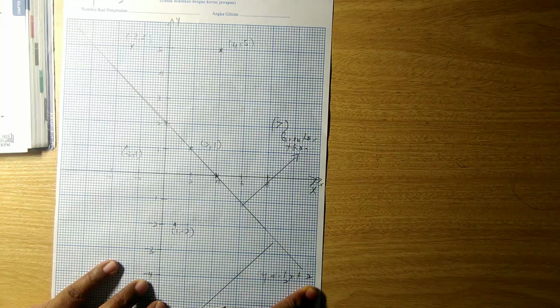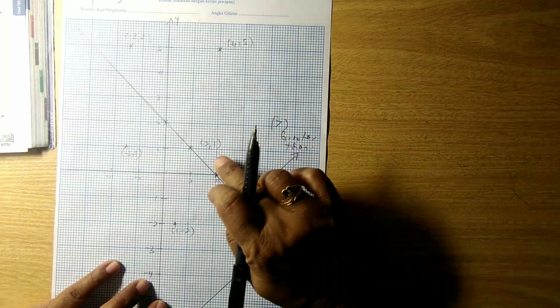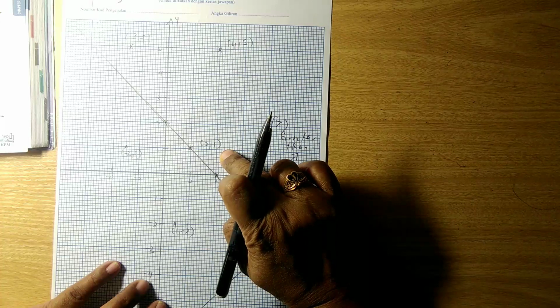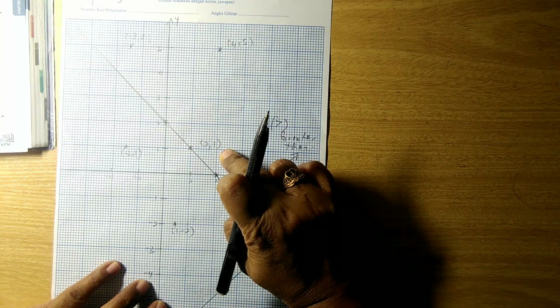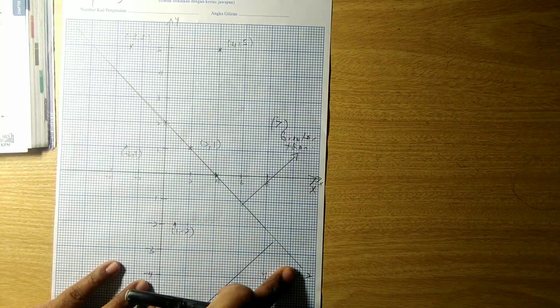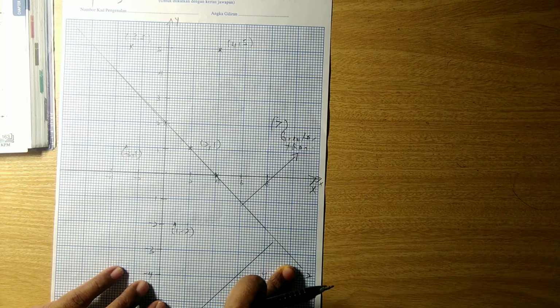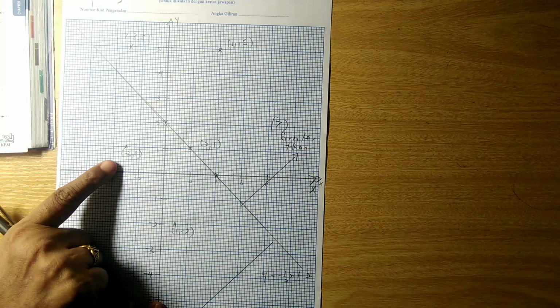They want to know the positioning and what is implied from the graph drawn. So this coordinate 2, 1 lies on the line, the equation y equals half x plus 2.